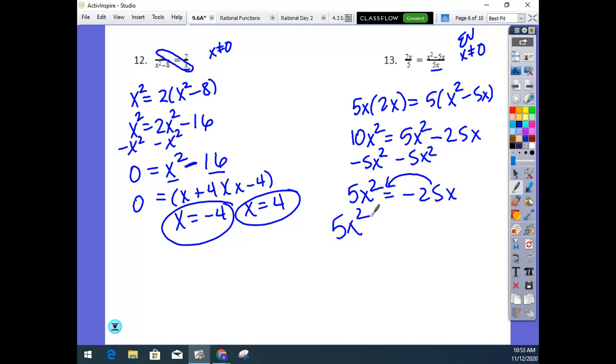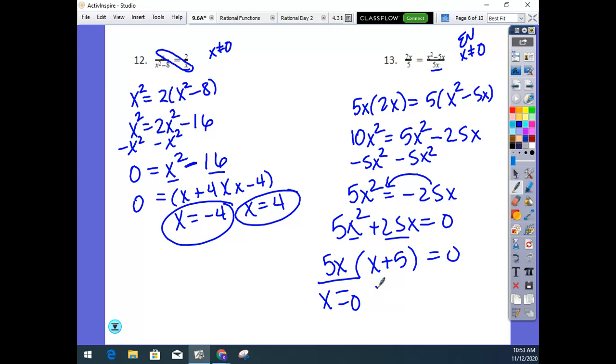So then we have to add 25x. X equals 0. Oops. X equals -5, but 0 is excluded, so our only answer is -5.